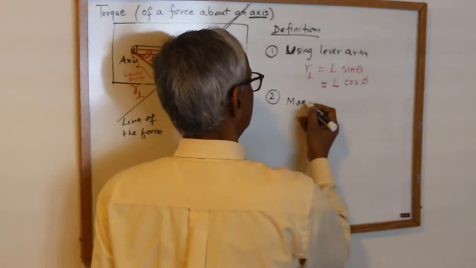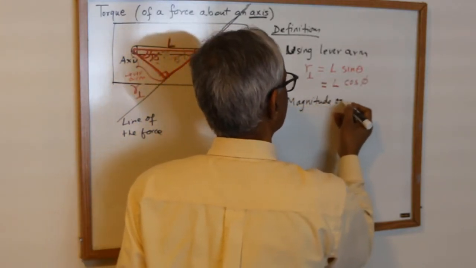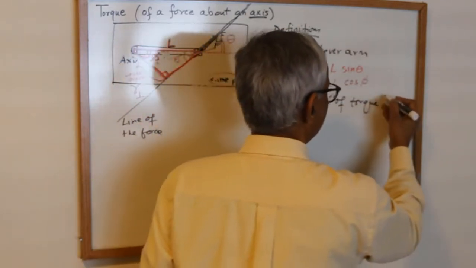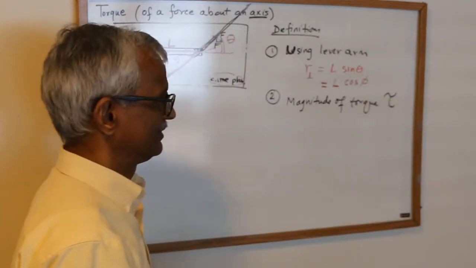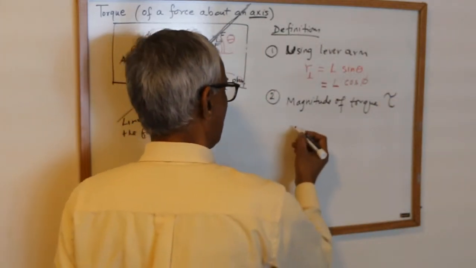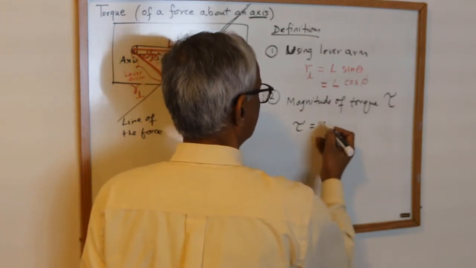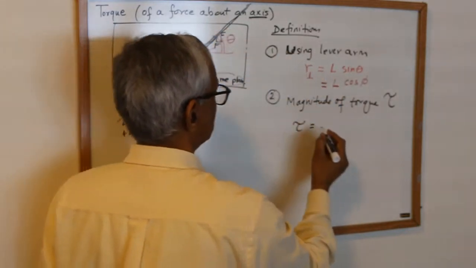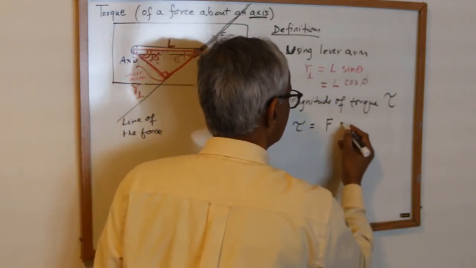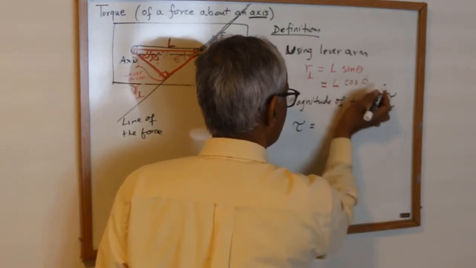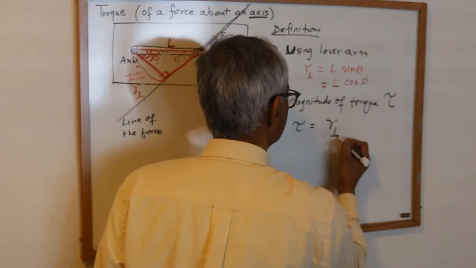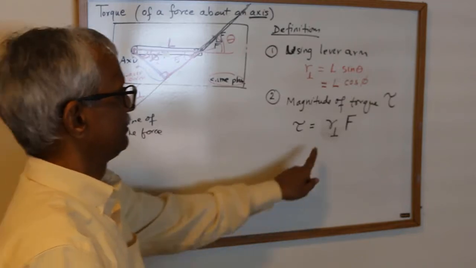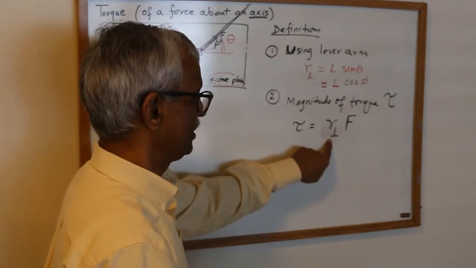So the magnitude of torque, for which we use the symbol tau, this fancy symbol tau, is equal to the lever arm of the force multiplied by the magnitude of the force. I'll write it like that, because there's a lot of work, I'd better make sure I got it right.